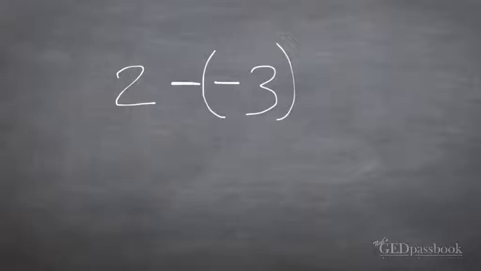If there was no operation there, this is straight up multiplication. But because we have an actual operation, subtraction, the parentheses are just labeling the negative. It's just separating the negative from the operation. Cool.